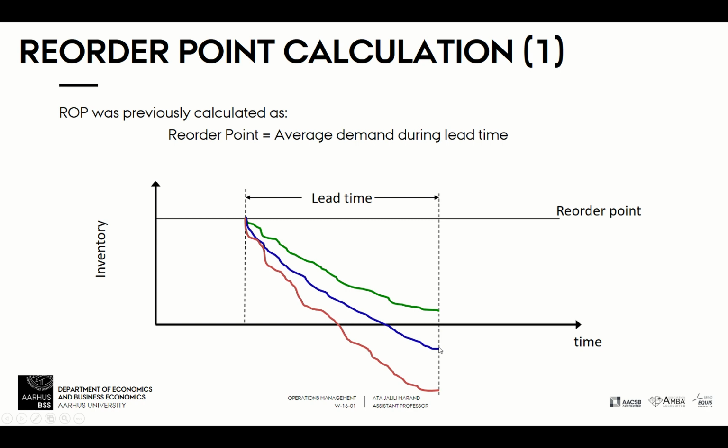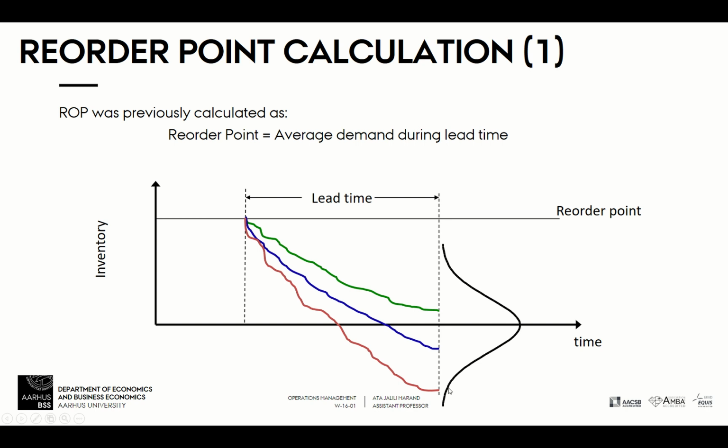In the next scenario, that is shown with this red curve, the materialized demand is even higher. So the number of shortages is also higher at the end of the cycle. So here we can see there is a high chance, if we consider the reorder point to be equal to the average demand during lead time, of having shortages at the end of the cycle.